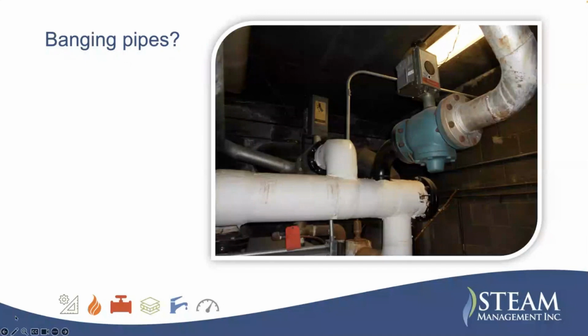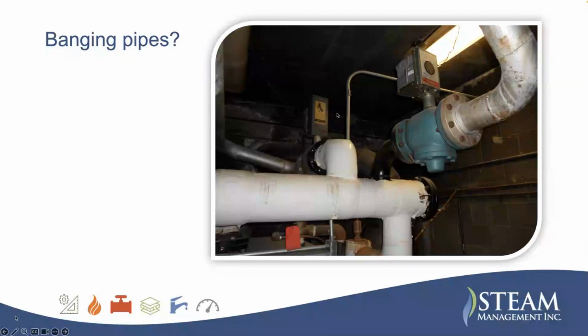When this valve shuts down, the Honeywell on the right, all the steam in here condenses and lays against this valve. So when this valve opens up the next time they have a call for heat, all that condensate goes flying up here at 50 or 60 miles an hour and hits the nearest fitting.